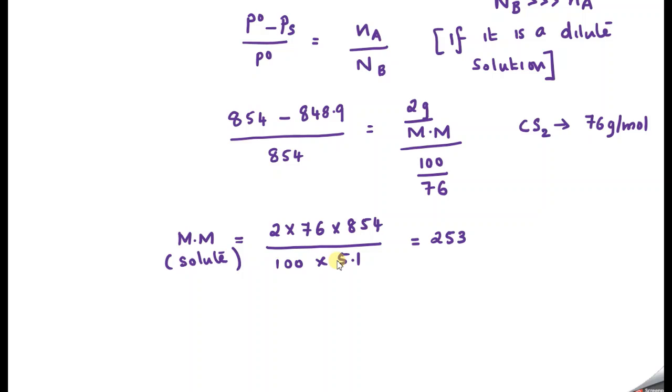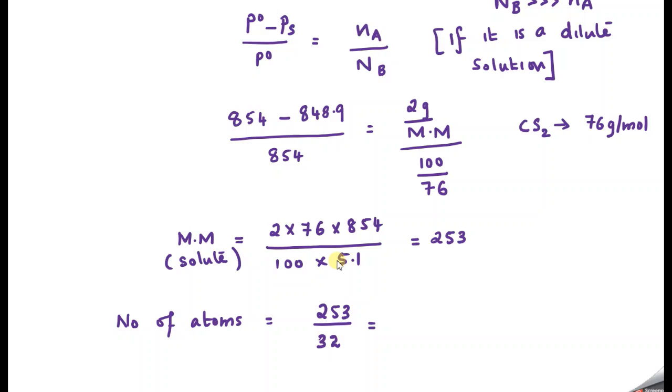Now we need to calculate the molecular formula. For that we will calculate the number of atoms. How can you calculate the number of atoms? We know that for that particular solute 253 is the molecular mass, and the atomic mass is also given in the question, that is 32.